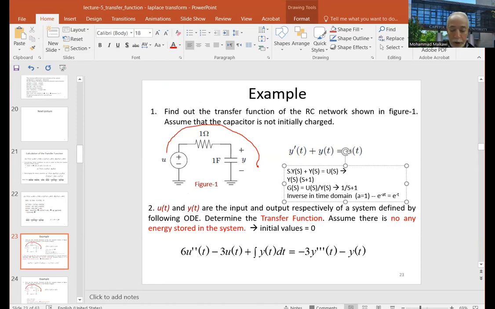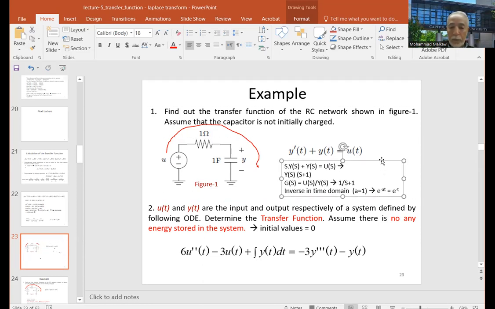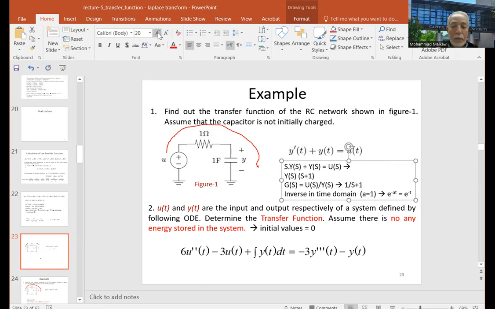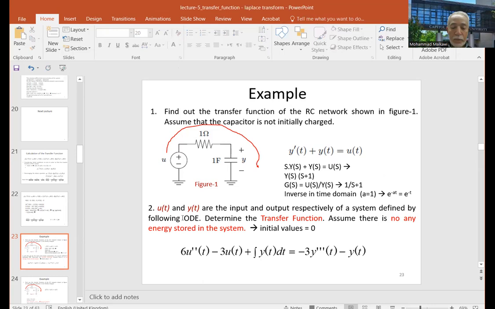Okay, this is more like it. So if I have another function where u of t and y of t are the input and output respectively of a system defined by the following ordinary differential equation, determine the transfer function and assume that there is no energy stored, which means all initial values equal 0.